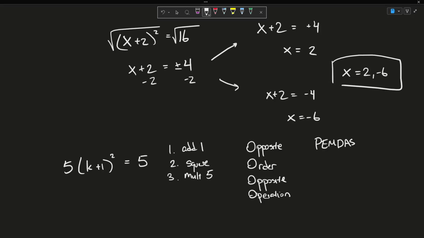After that is addition, subtraction, but the plus 1 happens first because it's in parentheses. So I write out my order of operations, and what I do to undo it is opposite order, opposite operation. So now going bottom up, instead of multiplying by 5, I first get rid of this 5 by dividing both sides by 5.